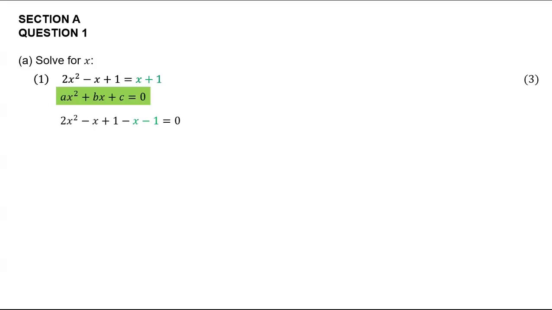Those two conditions, both of them must be met for you to say terms are alike. Now, you can't say 2x squared and minus x are like terms. They have the same variable, but the one is x squared and the other one is just x. Those are not like terms because they fail to meet the second condition, where the exponents must be the same.